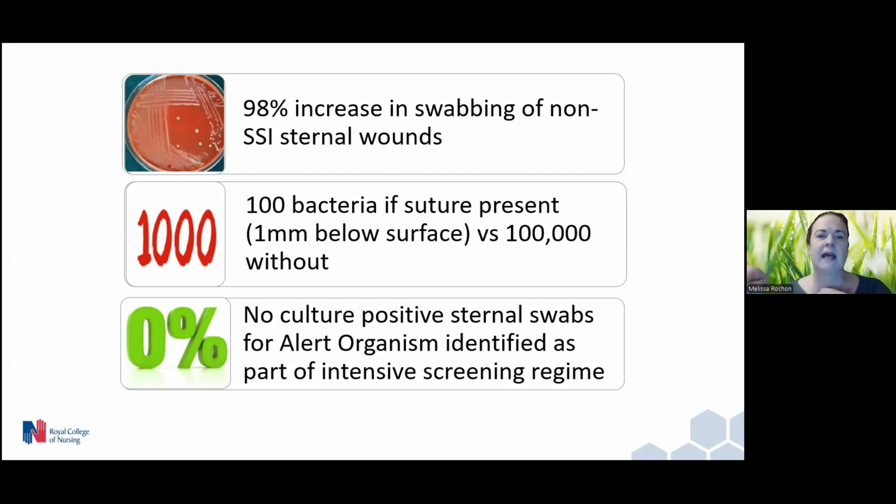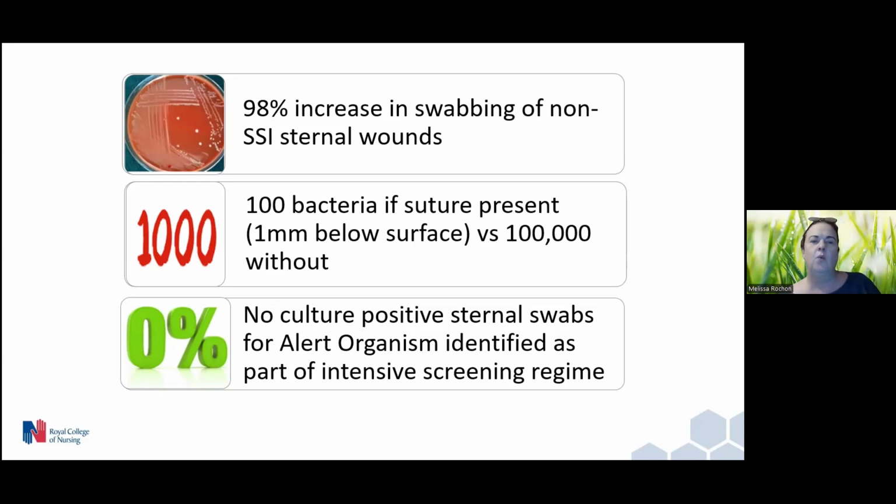And what we began to think is, are we inoculating the patient's own normal skin flora or commensal bacteria a little bit deeper, where there would be suture material present? And you remember, sutures are considered a prosthetic. They're like an implant if you think about it. And it takes far fewer bacteria to cause a concern if there's a prosthetic present than without.